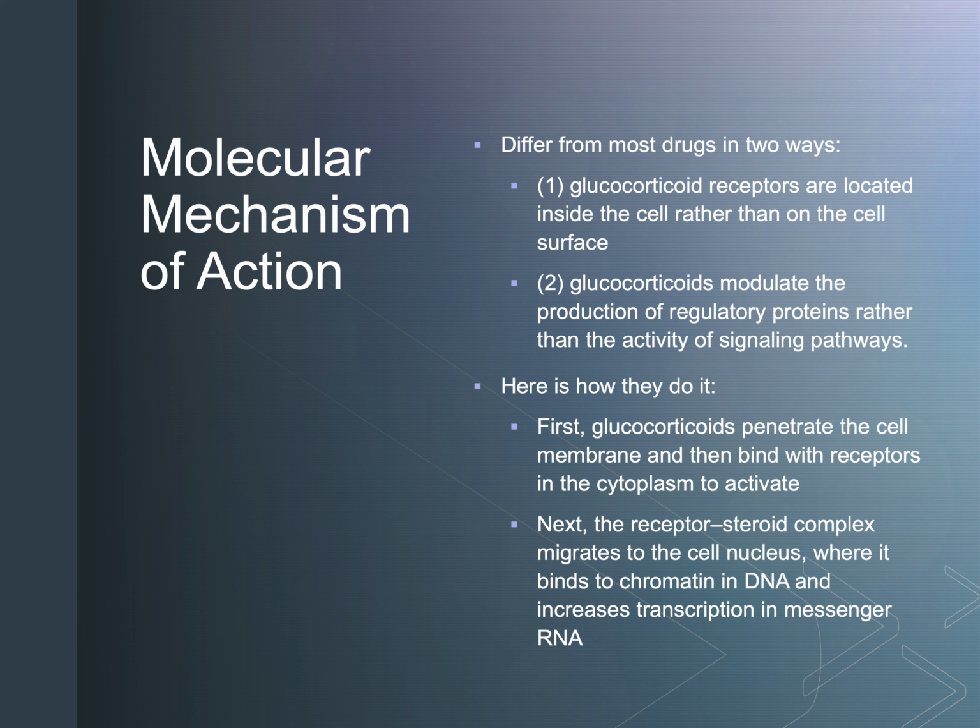First, glucocorticoids penetrate the membrane. Remember, it's not just going to live on the surface, it's going to go right inside. It binds to the receptor inside the cytoplasm and converts that receptor from an inactive form to an active form. Then the receptor, now a steroid complex, migrates to the nucleus of the cell and binds to chromatin within the DNA.